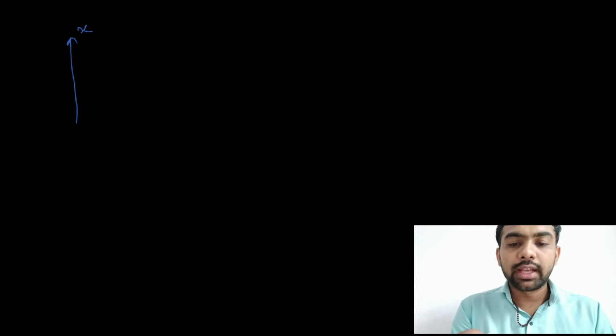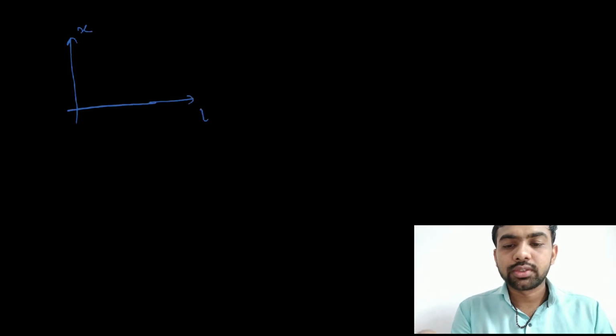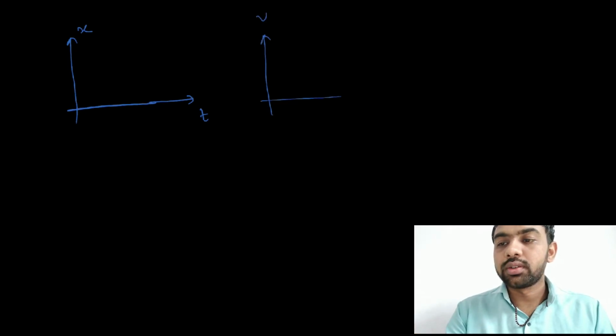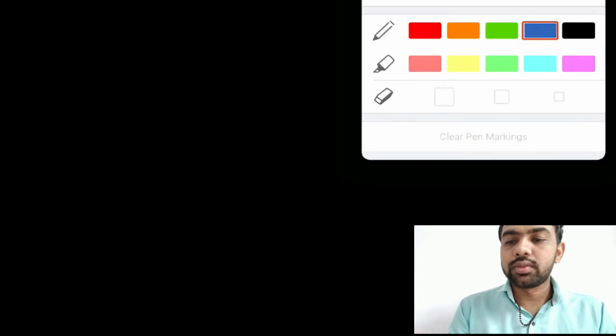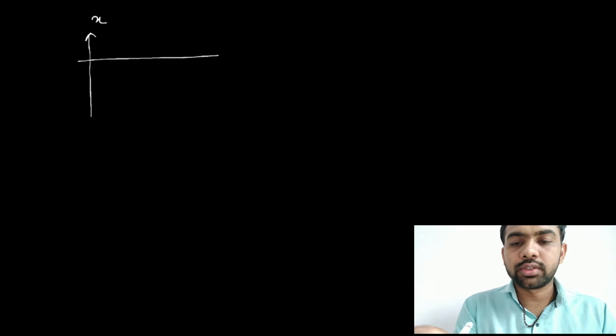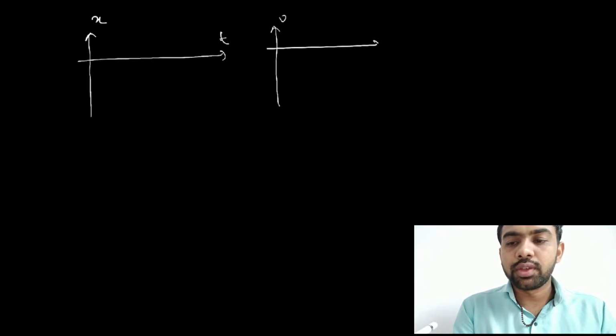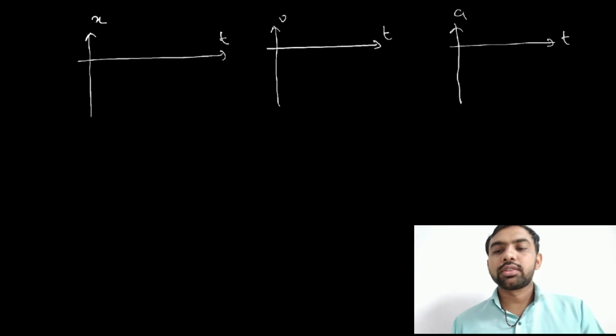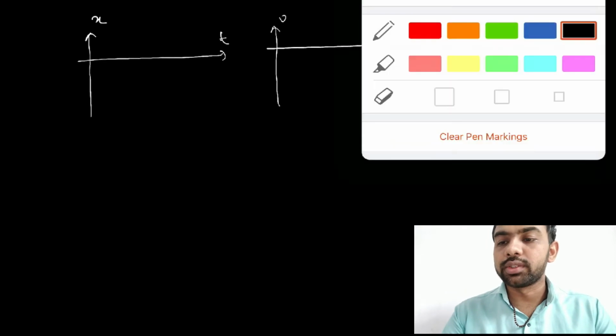Let's draw x versus t, v versus t, a versus t. Now we can think about the negative velocity.